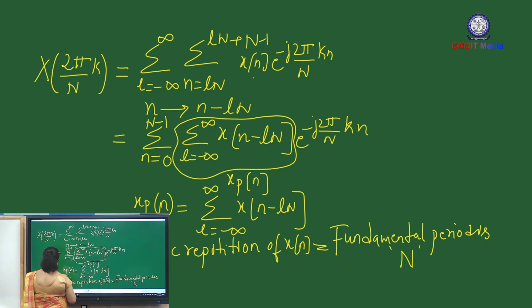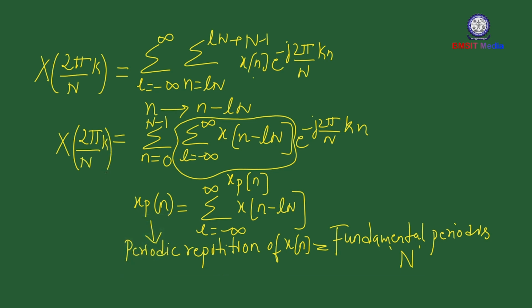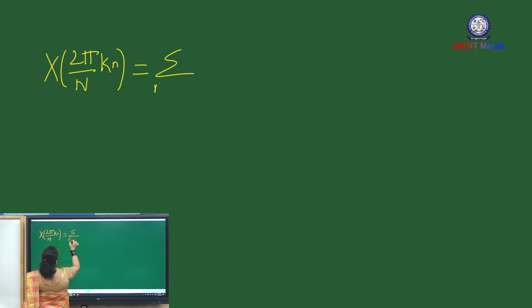Okay. So now this summation I am going to replace by xp of n, and I am going to rewrite this expression. So on the left hand side, I have X of 2 pi by N k, and here I had n varying from 0 to N minus 1.